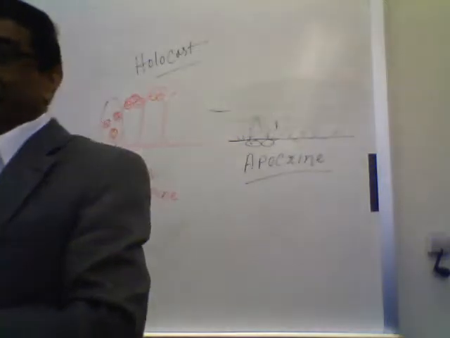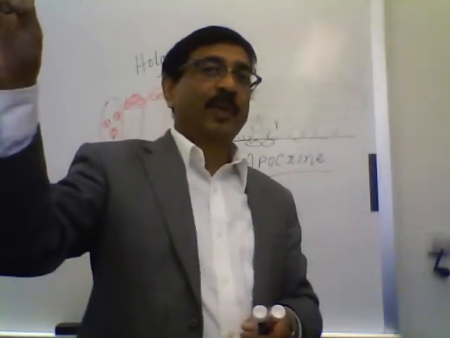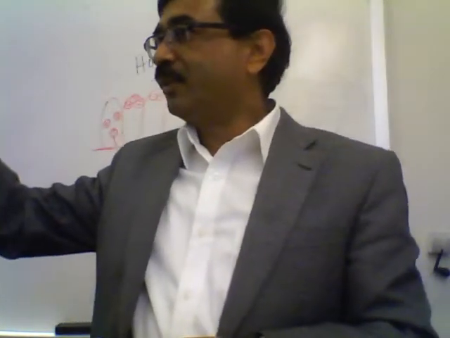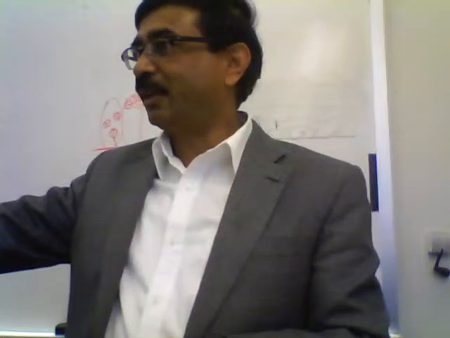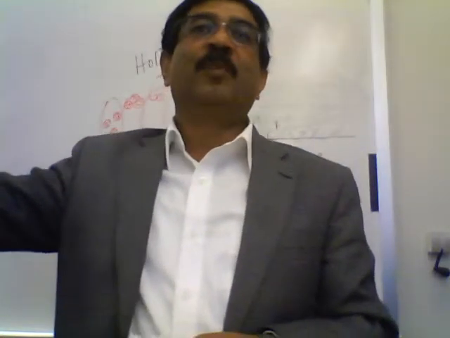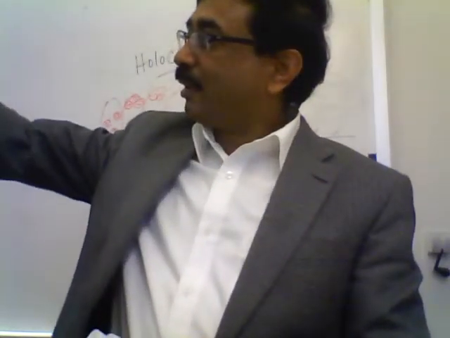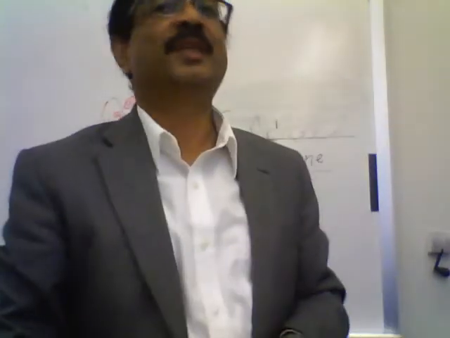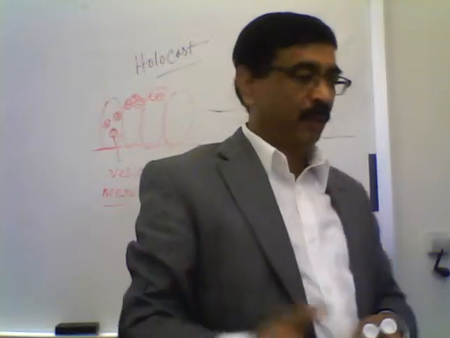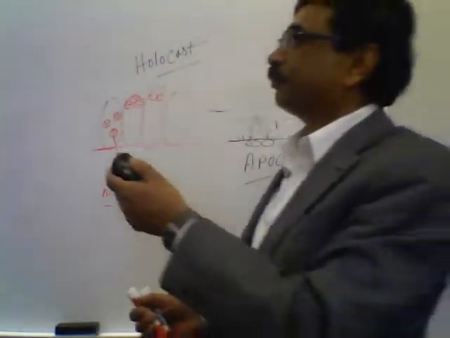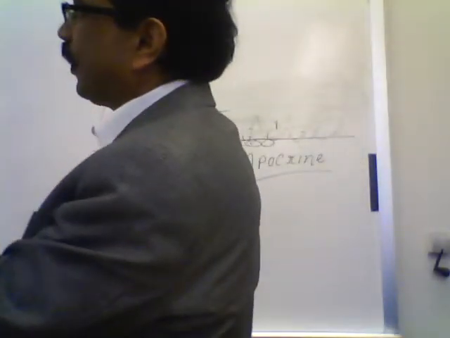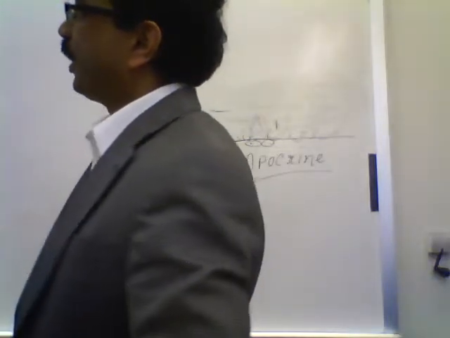In your skin, you have two types of sweat glands and one type of sebaceous gland, right? That I have mentioned before. And those three types of glands have three types of secretion. So that's why you need to know this. Now, the glands of the skin, sweat glands.